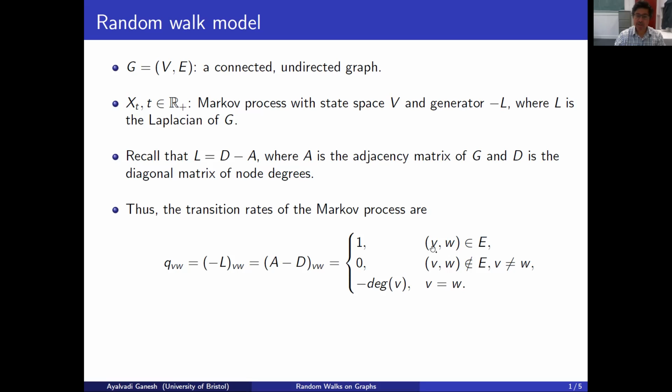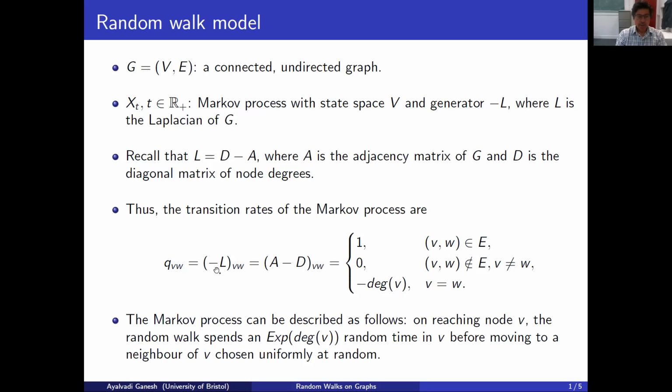It's the number of edges from v to some other vertex w, and the number of edges is defined as the degree. Okay, so the row sums are 0. So minus the Laplacian is a valid rate matrix, or generator, of a Markov process.